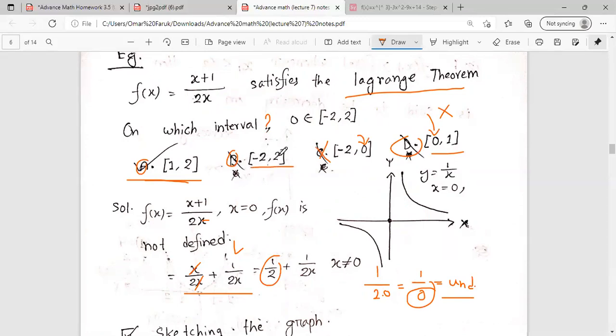Minus 2, 2 includes minus 2, minus 1, 0, 1, and 2, right? So inside minus 2, 2, we have 0. So we also cannot take this. But in option A, we have 1, 2. So here is no 0. That means we can take this interval. So this is our answer, okay?